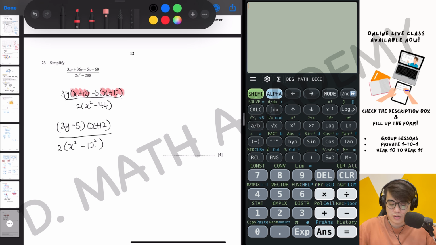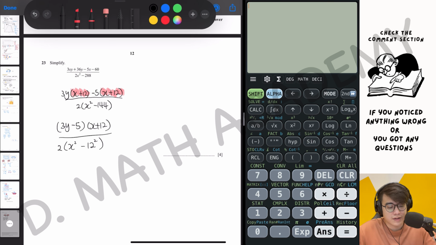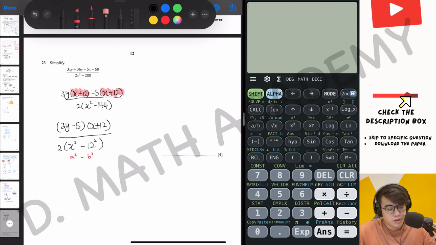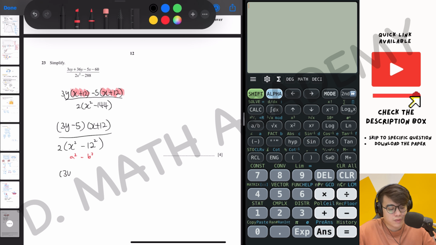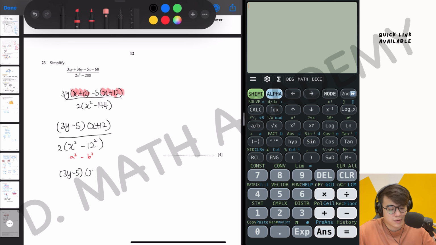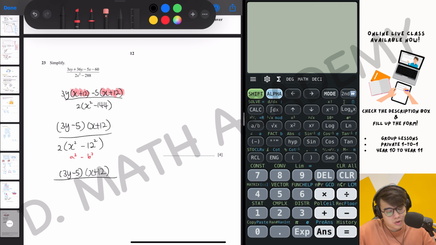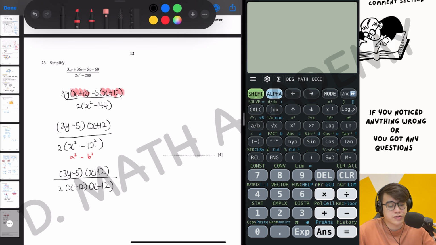Okay, double check. Okay, correct. So this 12 squared here is actually your a squared minus b squared formula. So you can split it up, get 3y minus 5, x plus 12, 2, x plus 12, x minus 12, then you get your answers here.